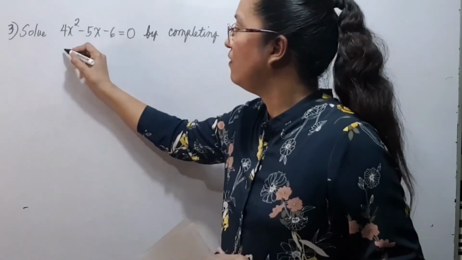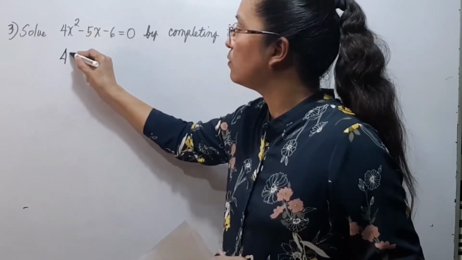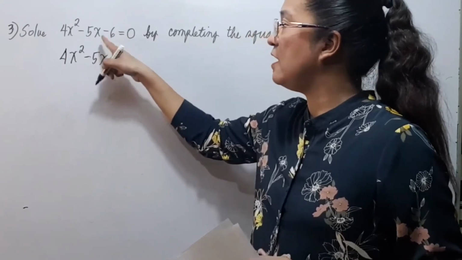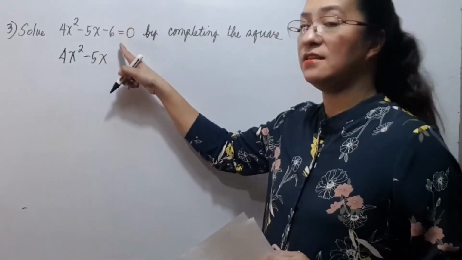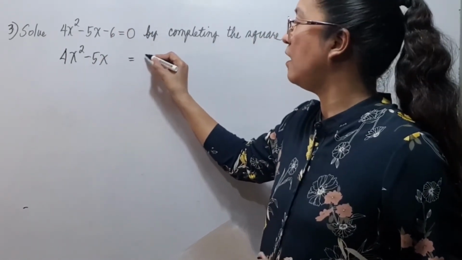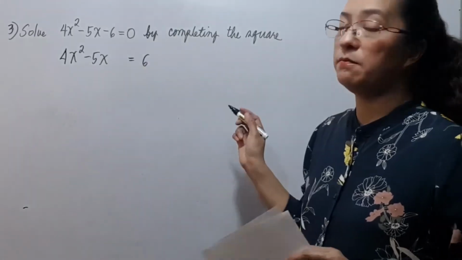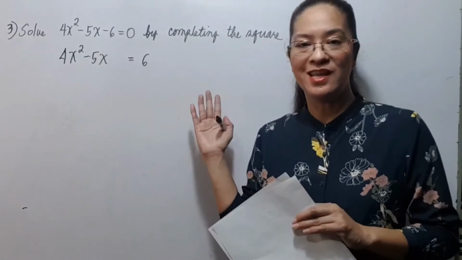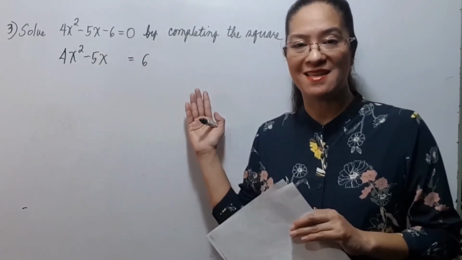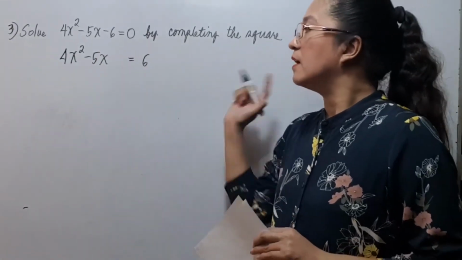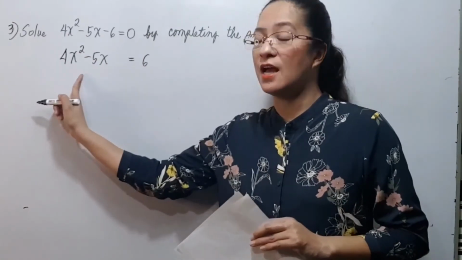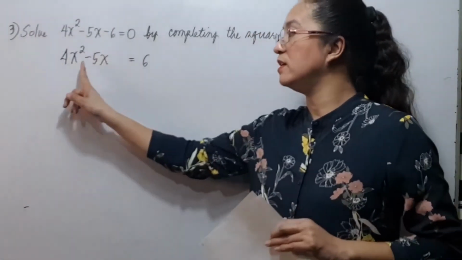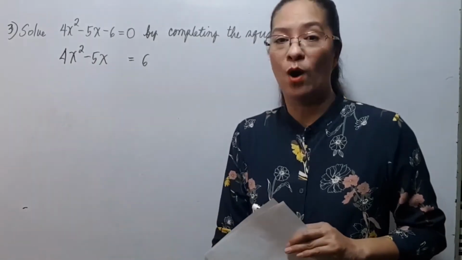So, we have 4x squared minus 5x. Kasi pag inadan mo ng positive 6, that is 0. Okay? Then we add positive 6 to the right. 0 plus 6 is 6. Ayan. So, nagsolo na ang constant term sa right. Okay. Kaya lang, yung nasa left side natin, the coefficient of the x squared term is greater than 1.